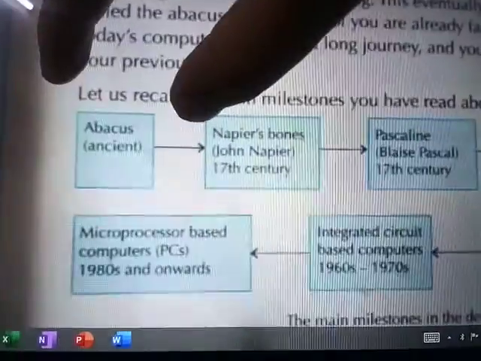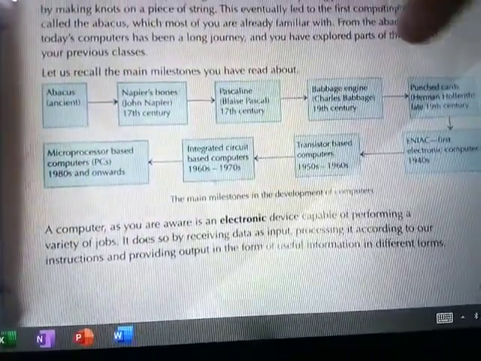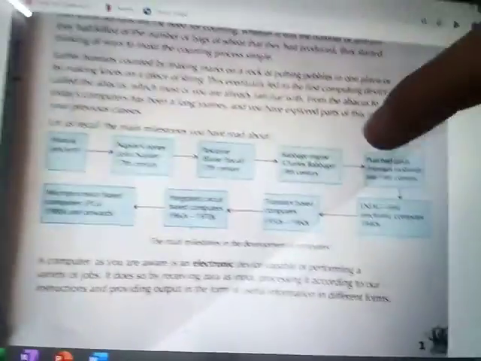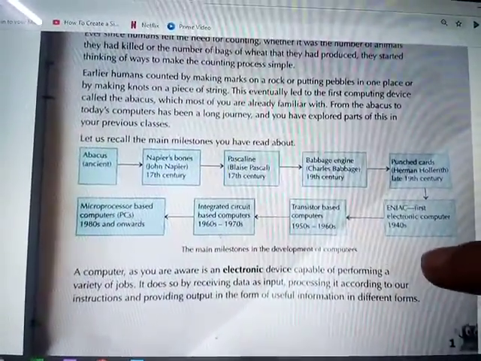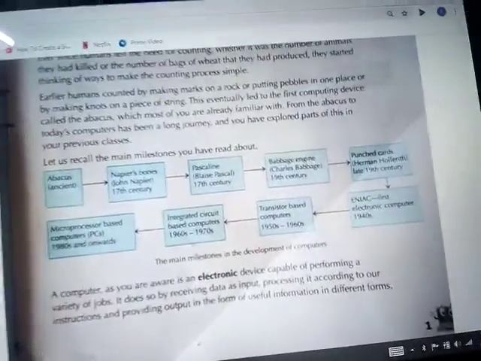See, the first counting device is the abacus. Ancient counting device. They have mentioned it there. Do you remember this structure? You have already seen it in your last year book, 6th standard. This is nothing but the evolution of computer.